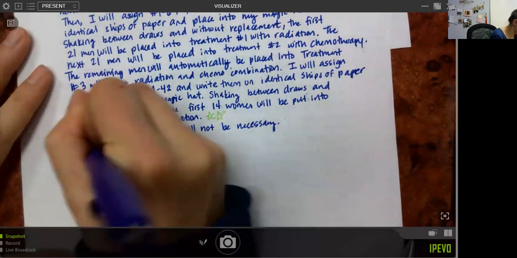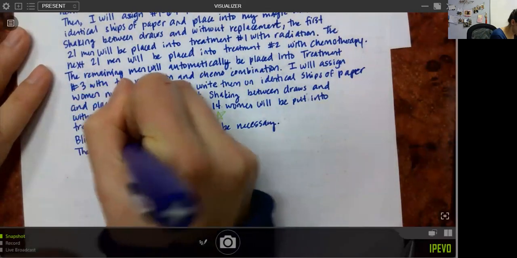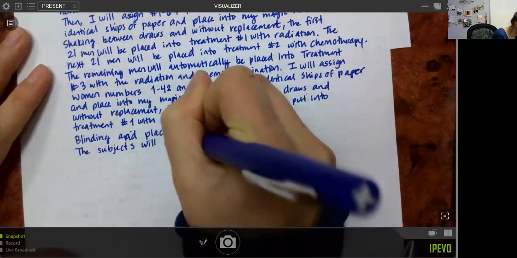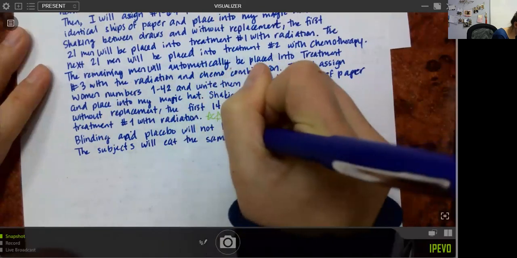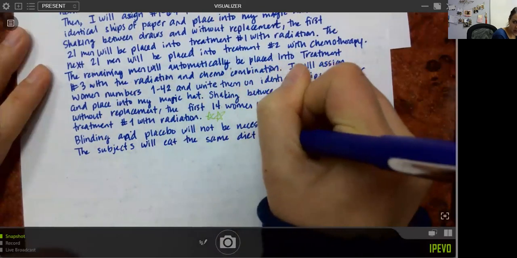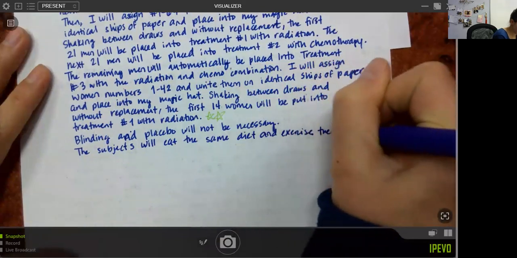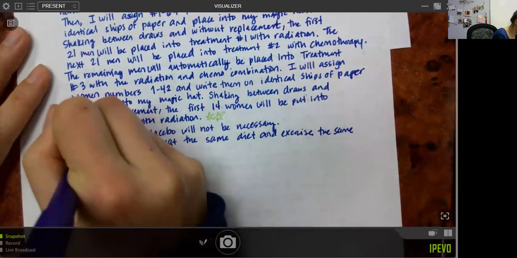So the subjects or the cancer patients will eat the same and exercise the same amount.